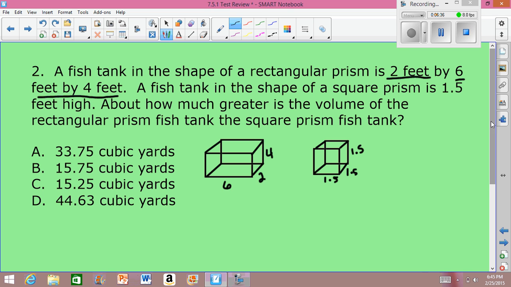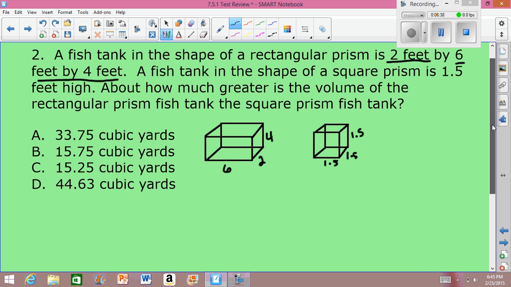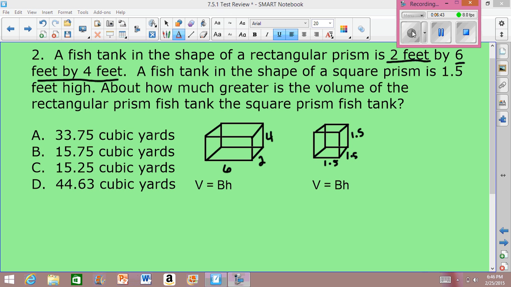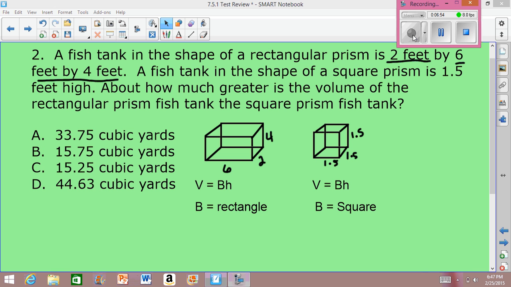So now we have to go and find the volume for each one of these. So remember, we've got to start with our basic formula. Both have the same formula. Volume equals big B times H. So we're going to replace that big B with the shape of the base. So in our first shape, it's a rectangular prism. So that means big B is a rectangle. In our second shape, it says it's a square prism.